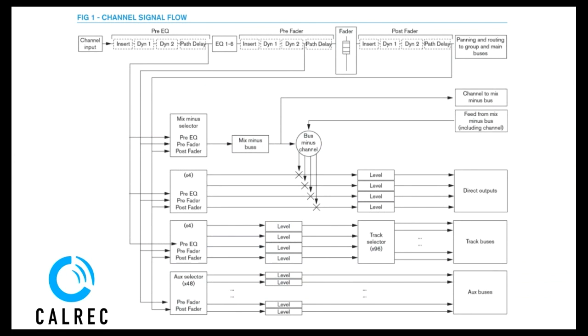On the new Calrec Impulse Core, is that going to support immersive inputs on single faders? Yes. Yeah, you'll have mono, stereo, 5.1, 5.1.2, 5.1.4, 7.1, 7.1.2, and 7.1.4 input channels, groups, and mains.